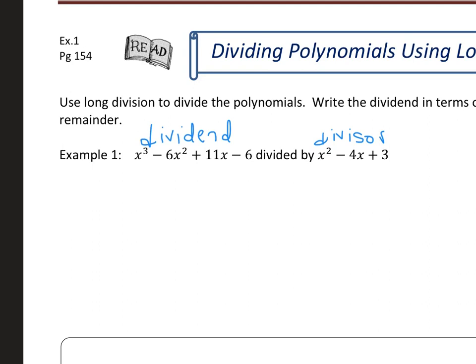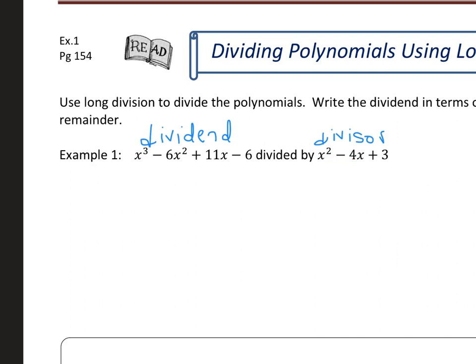The key thing to note though is that you want to have a place value for all of your variables. So in this case, our dividend has a cube, has a square, it has an x to the power of 1, and then a constant. If we were missing any one of those terms as we descend in exponents, we would put a little placeholder in there.